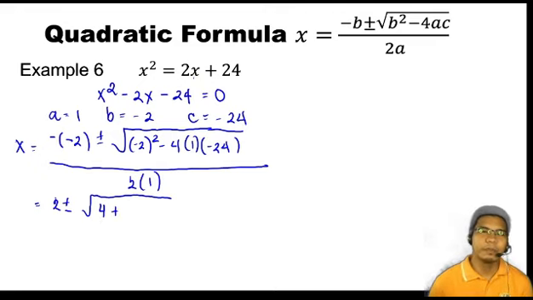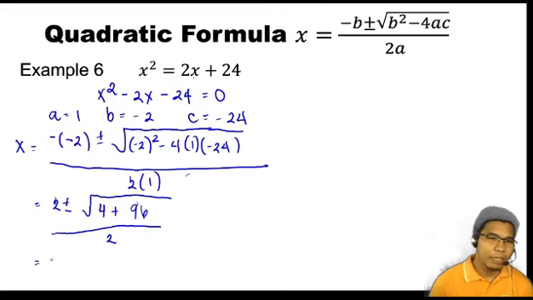So we have 20, apat na 20. So that is 80. Tapos apat na 4, 16. 80 plus 16 is 96 ulit. All over 2 times 1 is 2. Ayan. And then, simplify lang natin nasa loob. We have 2 plus and minus 4 plus 96 is 100, all over 2.